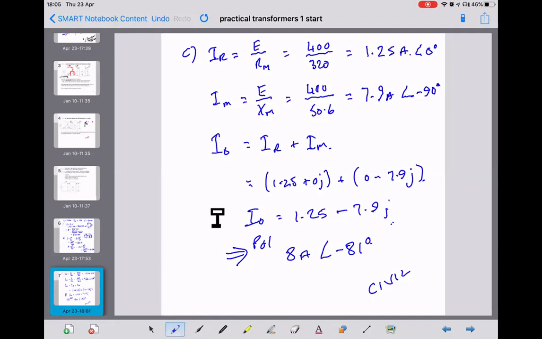In your tutorial questions this week, the first 2 questions are on transformers with no secondary connected. So can I suggest that you leave the room running, so I'm here to help.